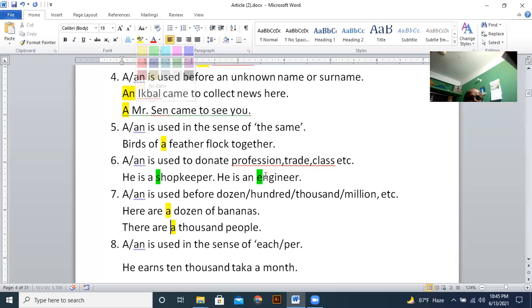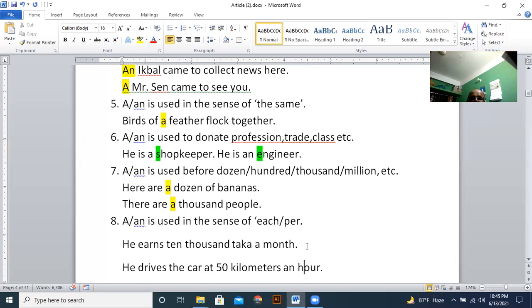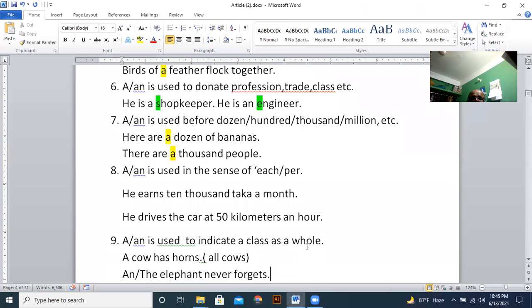Next, serial number 8. A or an is used in the sense of "each" or "per". Now look, he earns 10,000 taka a month. Here, a month means per month. So before "per", we have to use a or an. Okay. Next, he drives the car at 5 kilometers an hour. That is, an hour means per hour. Okay.